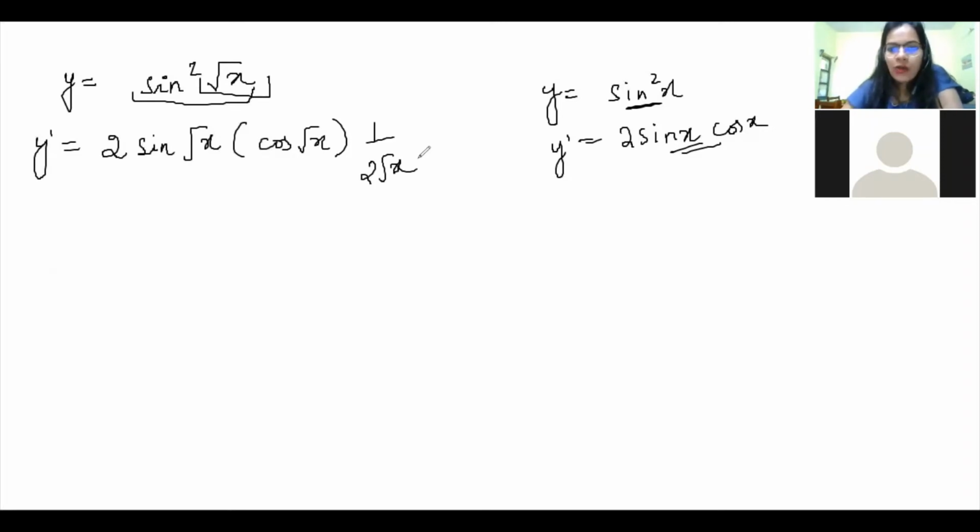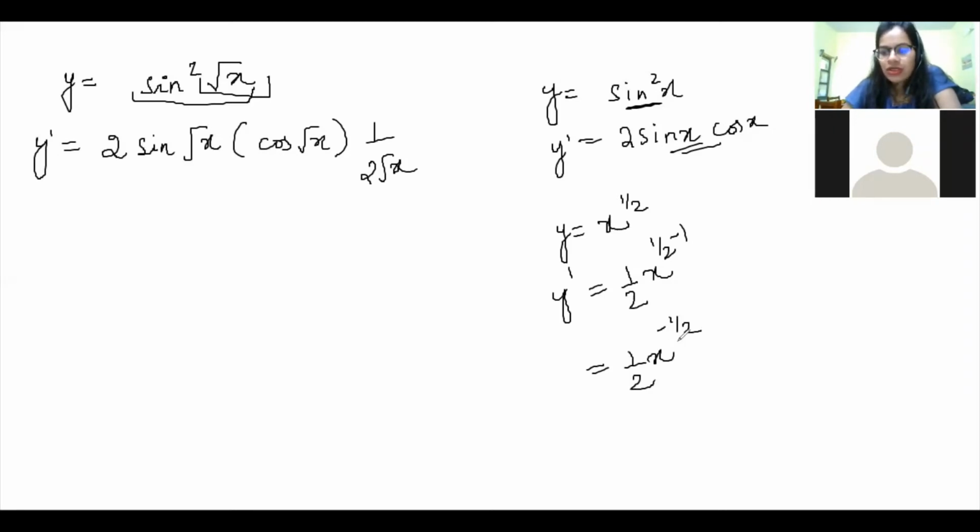Now, how we are getting this? In the first lecture I told you, if it is like this, so y dash will be 1 by 2 x to the power 1 by 2 minus 1. This will become 1 by 2 x to the power minus 1 by 2. This is nothing but 1 by 2 in the denominator root x. Okay. So each part we need to differentiate with respect to x.